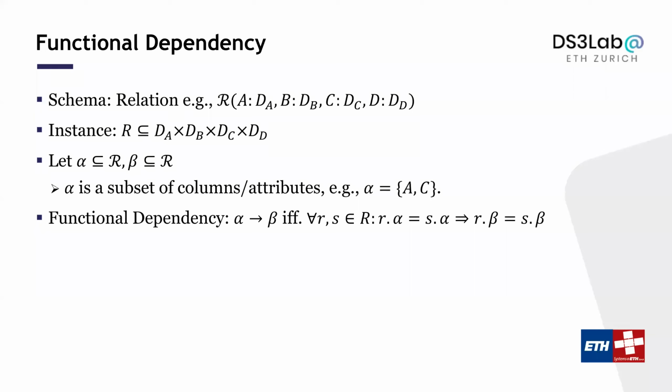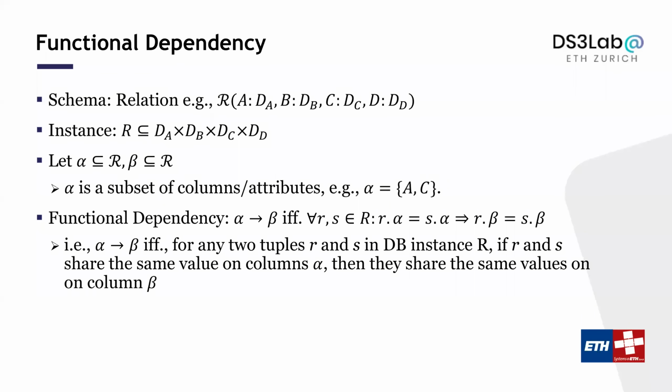Which means that for any relation instance, if you have the functional dependency from alpha to beta, then if I know the value of alpha, that decides the value of beta. It is not possible to find 2 tuples that have the same alpha value but a different beta value. That is essentially what we want to describe by functional dependency.